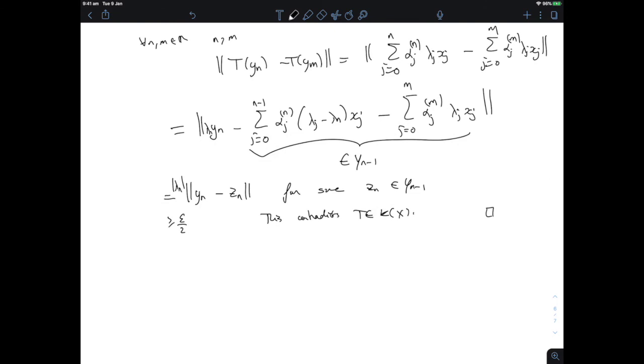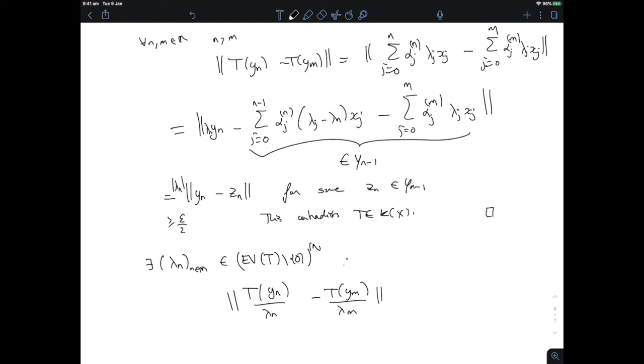Now, to get corollary 13.6, let us make an additional remark on the proof of corollary 13.5, and that is that if you have a whole sequence lambda_n of eigenvalues of T that are non-zero, then by the reasoning above, you get that T(y_n) divided by lambda_n minus T(y_m) divided by lambda_m has to stay greater.